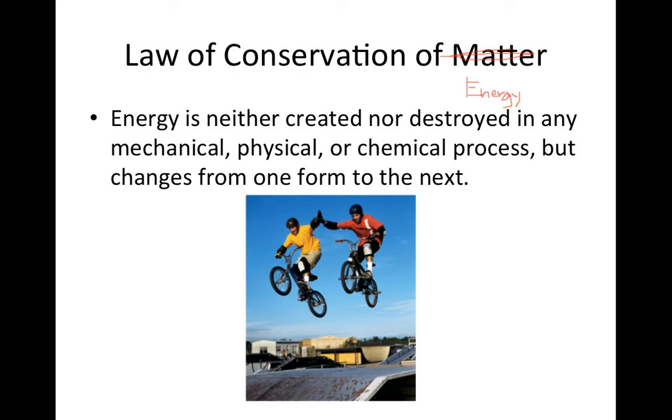In order to move these bikes, we're actually taking chemical energy stored in our food and transforming it into kinetic energy or mechanical energy, where we can take the energy from our food and use it to pedal our bikes. Okay, so that's the law of conservation of energy.